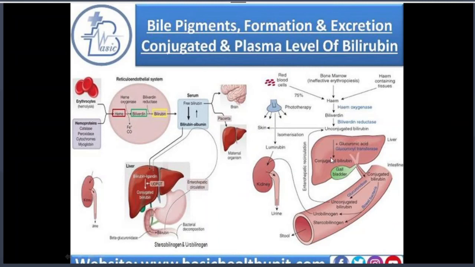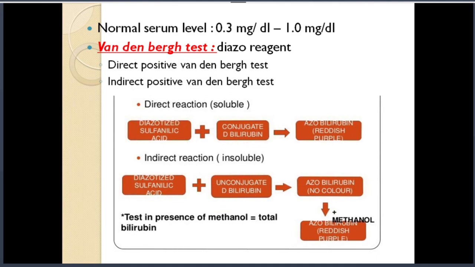From the liver, it can again be utilized or escapes into the kidney through systemic circulation and passes in the urine as urobilinogen, and the remaining which is there in the intestine is converted into stercobilinogen, which is oxidized further to stercobilin and is excreted with the stools. And this is how bile pigments are excreted out. The normal serum level of bile pigments is 0.3 mg to 1 mg per deciliter of blood.